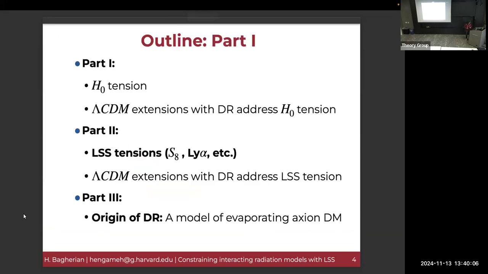Okay, so I'm going to briefly orient you about the structure of the talk. So... What happened? Sorry, I'm just looking at the outline. Okay, never mind. You missed something from the outline?